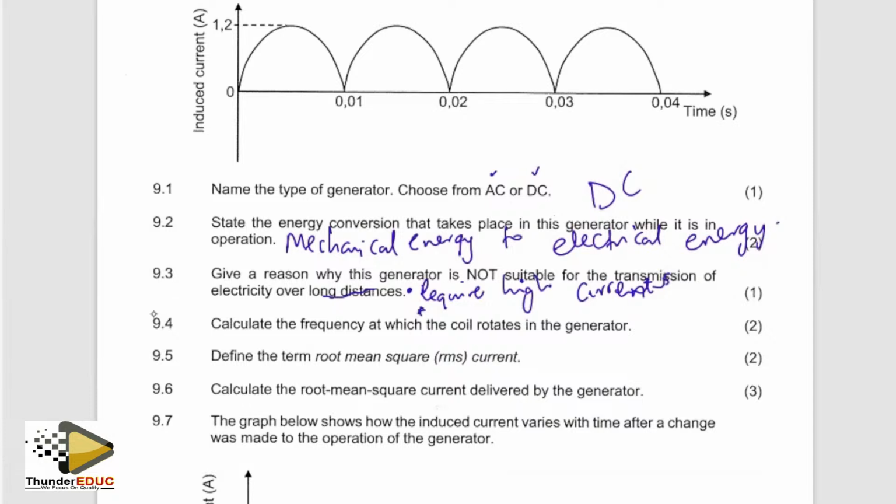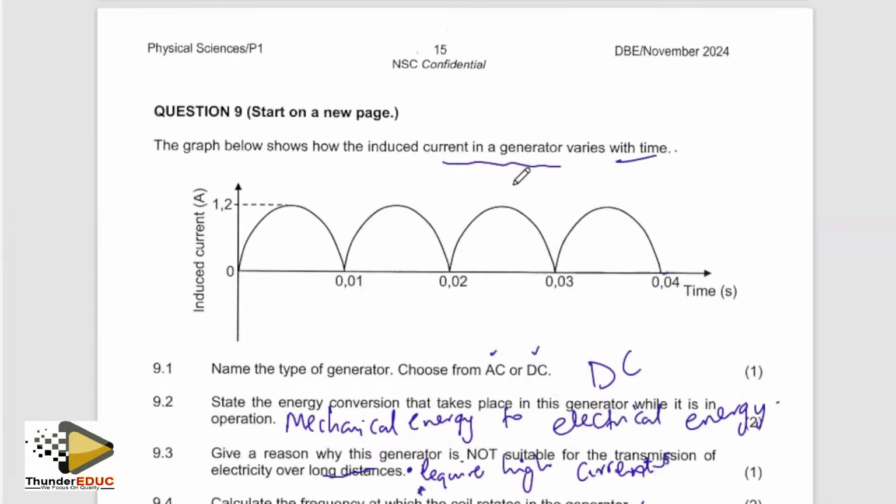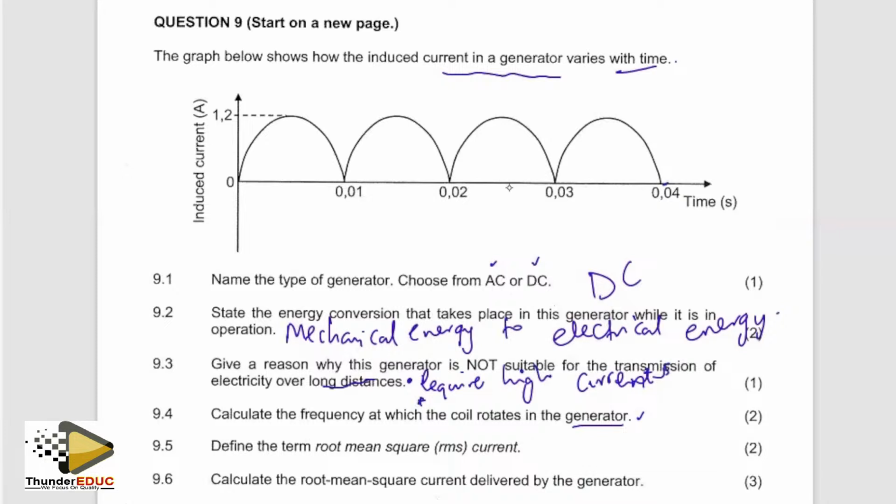Then they want us to calculate the frequency at which the coil rotates in the generator. So we have 1, 2, 3, 4. Did they tell us anything? The graph shows how induced current varies with time. So I'm going to have these two arms just to represent one full cycle.